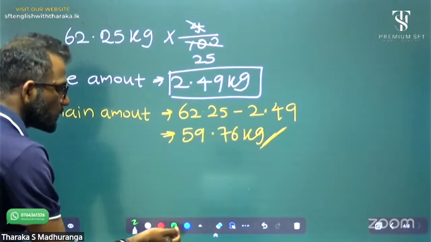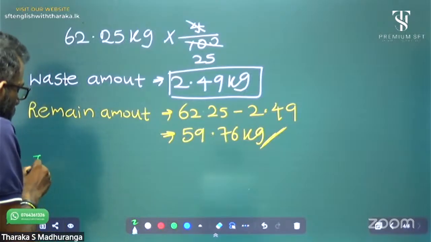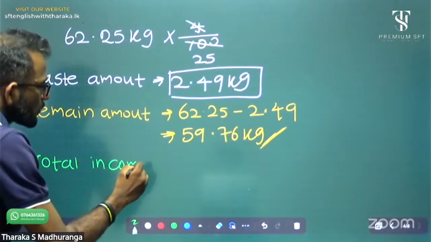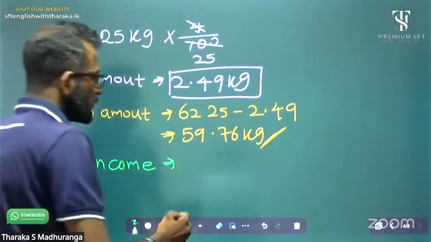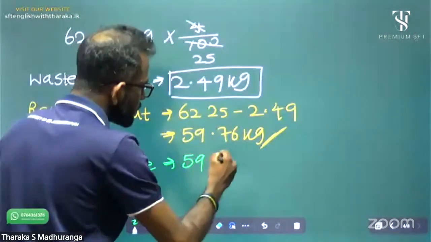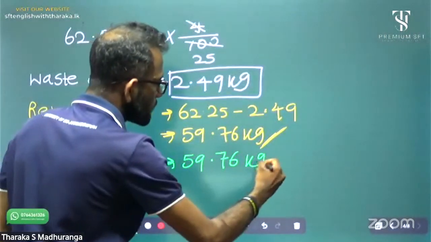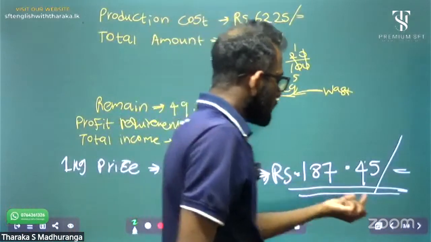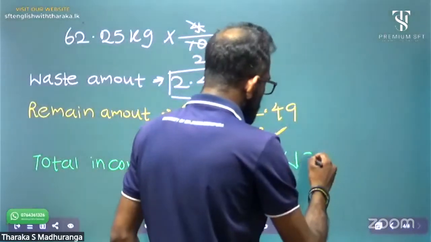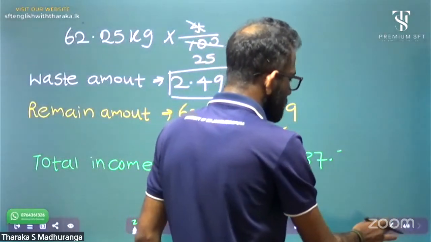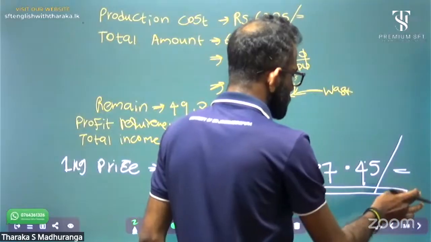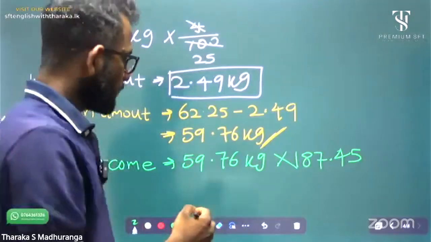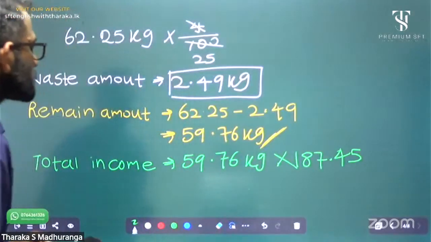Hari, total income: 59.76 kilograms remain now, multiplied by the 1 kilogram price, 187.45. Very interesting.